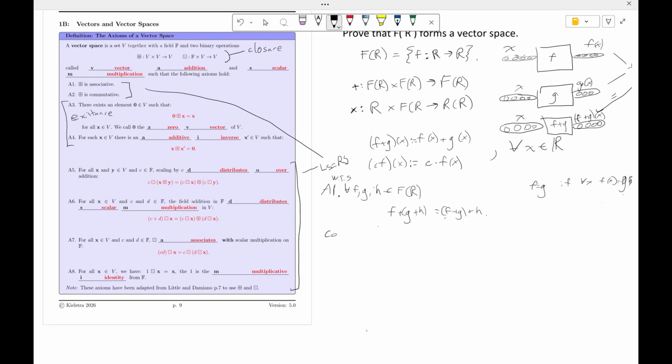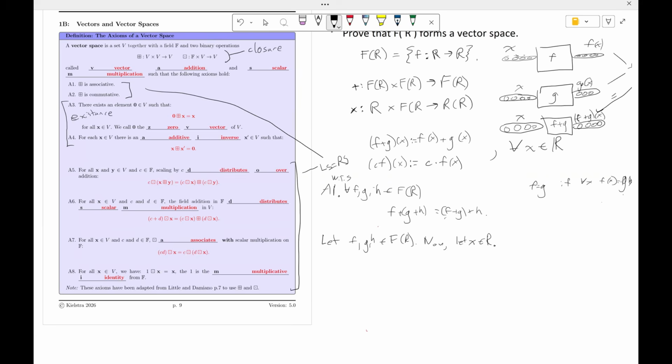So let f, g, and h be real valued functions. Now, let x be a real number.